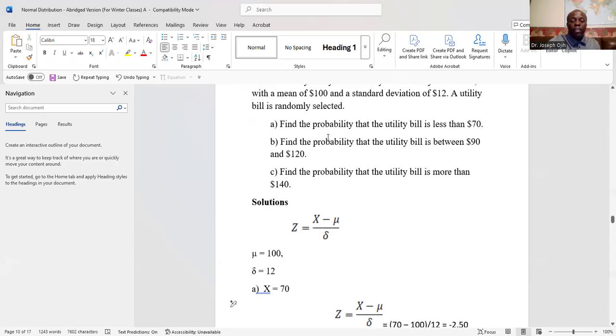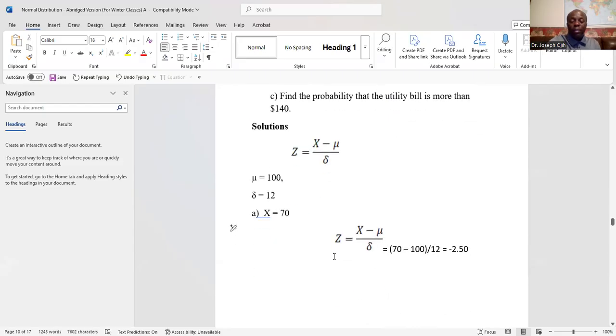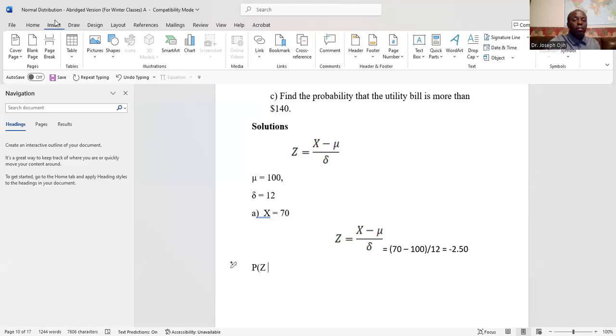So I ask you to find the probability that the bill is less than $70. That means we're looking for the probability that Z is less than negative 2.5.